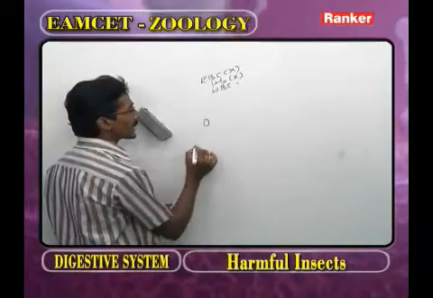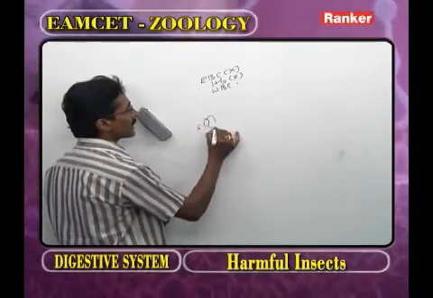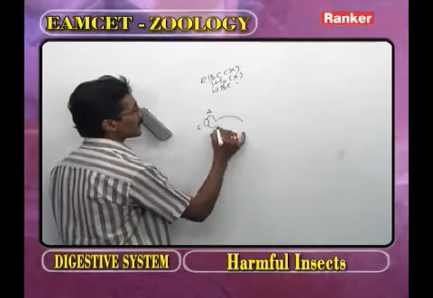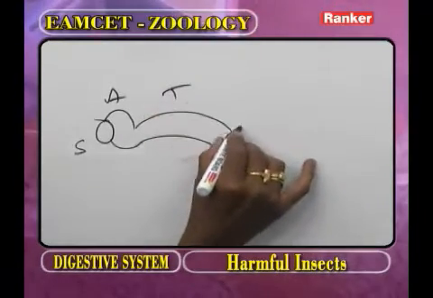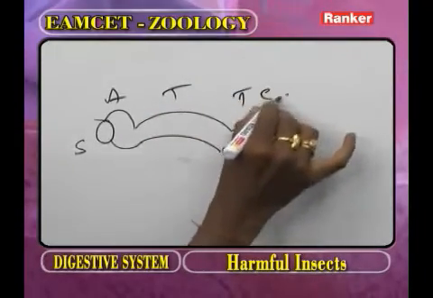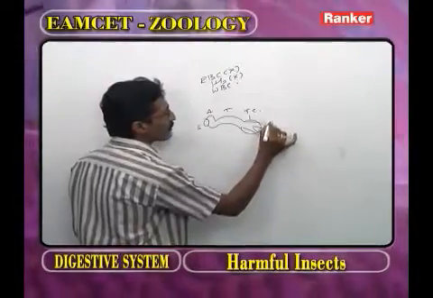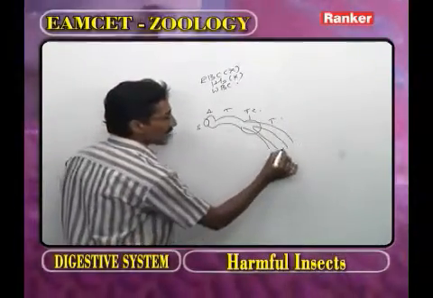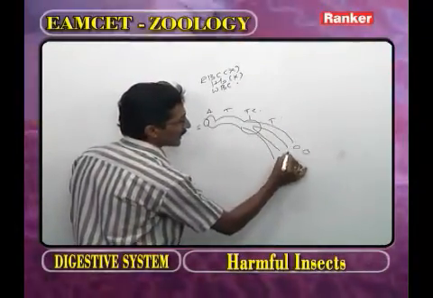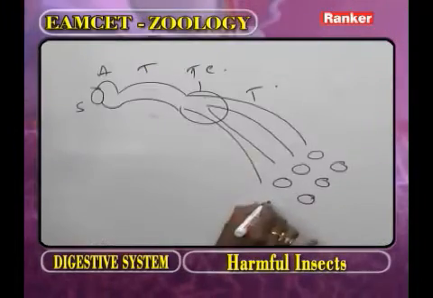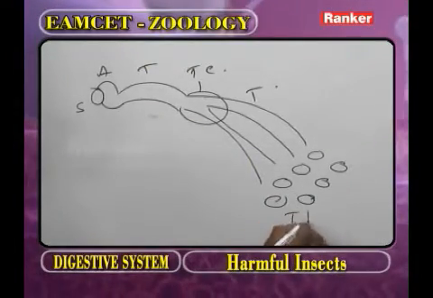Now, this is the spiracle, and this is the atrium, and this is the trachea, and this is the tracheal cell, and these are the tracheoles. Now, the tracheoles end in the tissues. What is meant by tissue? The group of cells.